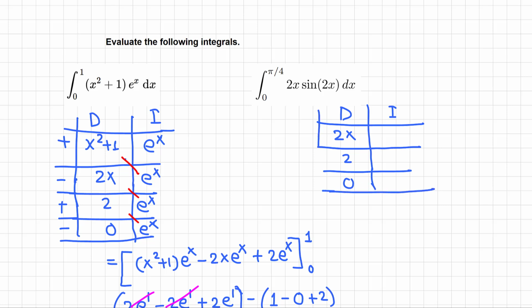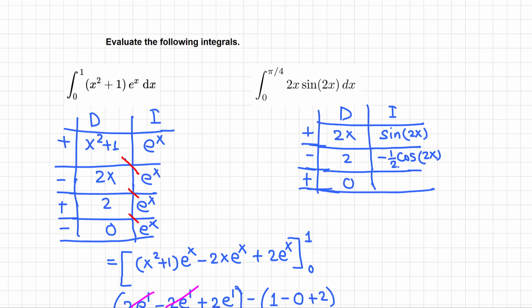And sign-wise, we start from plus, then minus, then plus. For the integral, we have sine 2x, and we know the antiderivative of sine is negative cosine, so negative cosine 2x, and this 2 we need to divide by 2, which is the same as multiplying by 1/2.